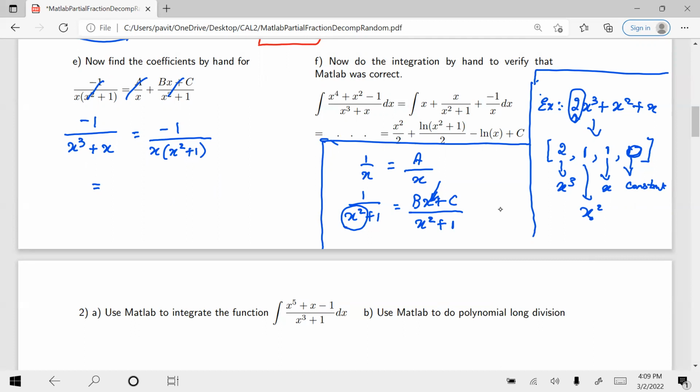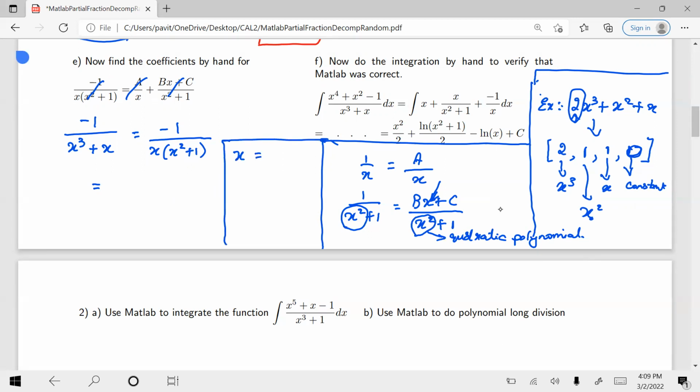Since we have x squared, we call this a quadratic polynomial.